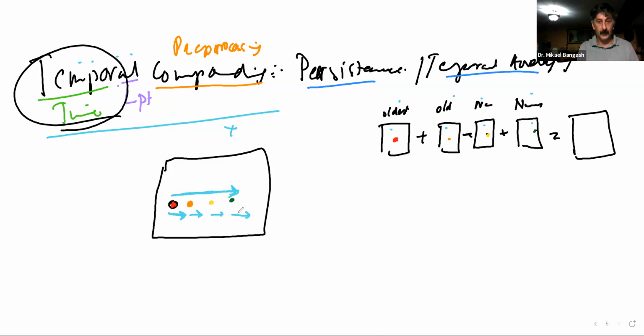Now, we can get a smooth temporal compounding like this if the frame rate is greater than the speed of the moving structure.